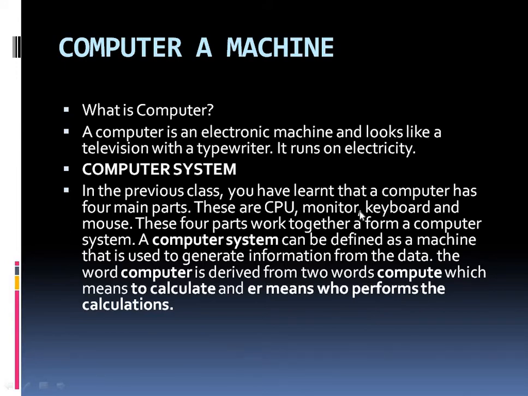Then monitor, looks like television. Keyboard, it is just a typewriter and for giving commands to the computer. And mouse, to click a particular portion on the screen. Okay, that's why computer is called a computer system, because many machines or devices we can attach with the computer.